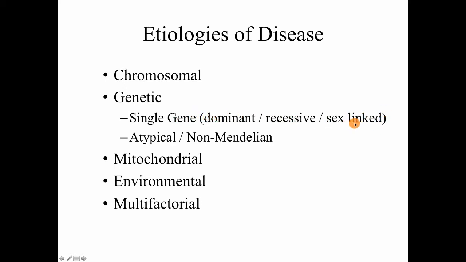We'll certainly talk about these in our course. There may be atypical or non-Mendelian genetic factors that can relate to disease. We'll clearly talk about mitochondrial genetic defects that can relate to disease. There are environmental factors that can relate to disease. And as we've suggested, many etiologies of disease may have multifactorial causes.